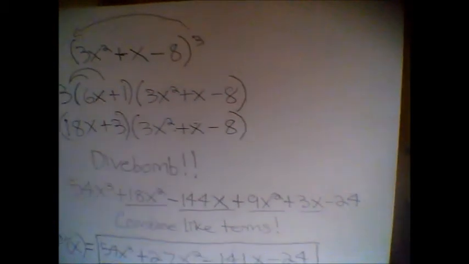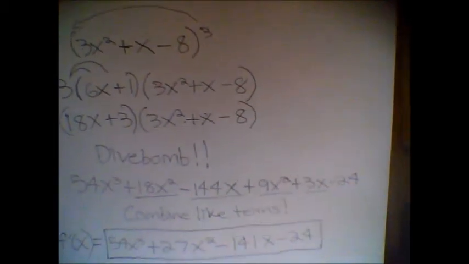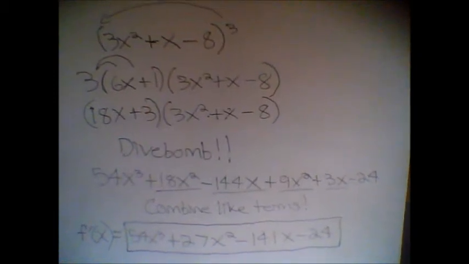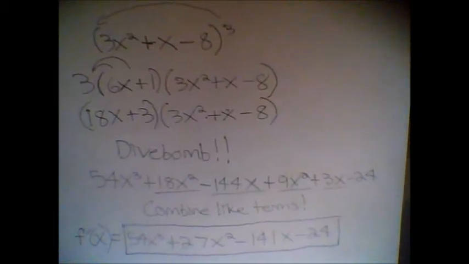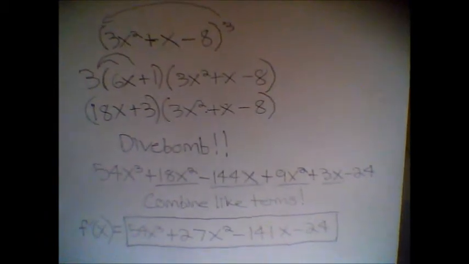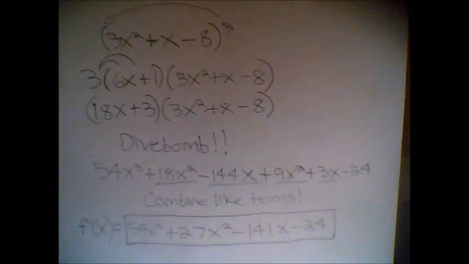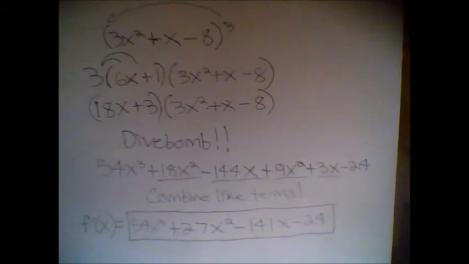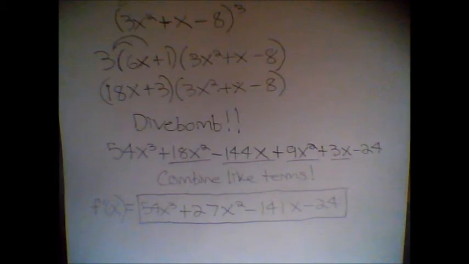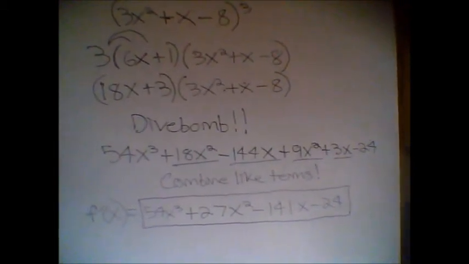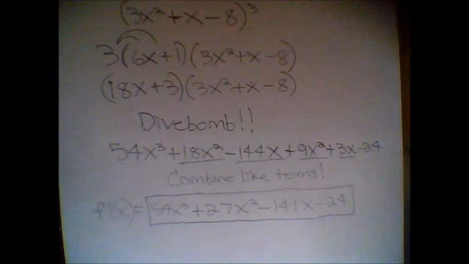You distribute, and then you get 54x cubed plus 18x squared minus 144x plus 9x squared plus 3x minus 24. After that, you simplify by combining like terms, and your final answer should be the derivative equals 54x cubed plus 27x squared minus 141x minus 24.